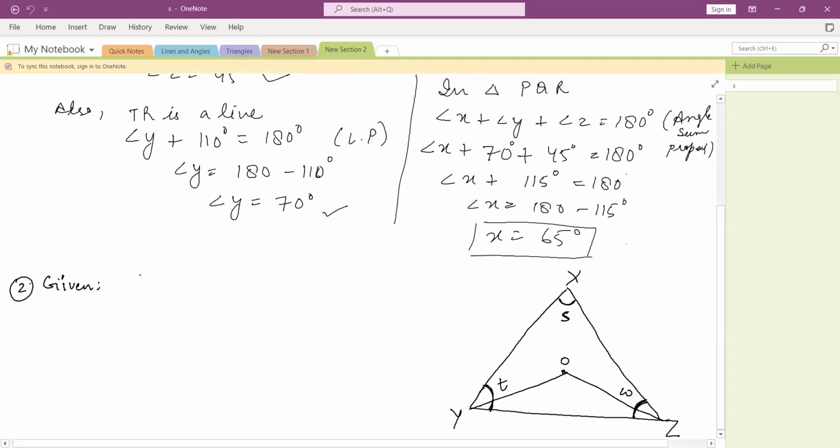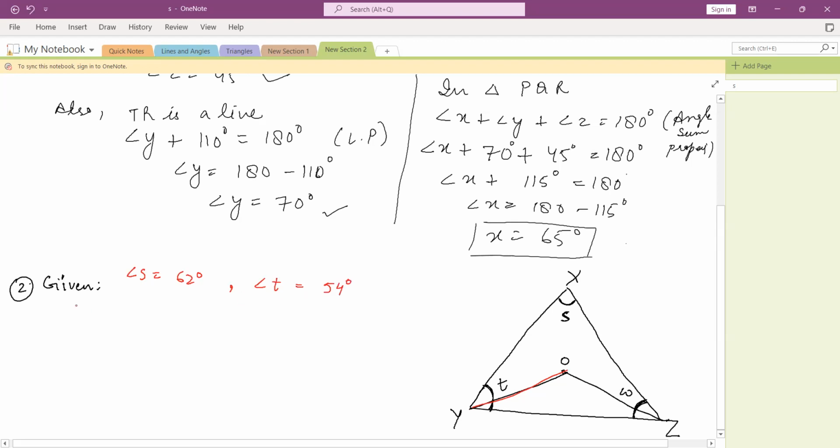So in this question, what is given to us? You must be having your books with you, so you can read the question there. It is given that YO and ZO are bisectors of angles. I mean, YO is the bisector of angle T and ZO is the bisector of angle W. And some values are also given, like angle S is 62 degrees and angle T is 54 degrees.